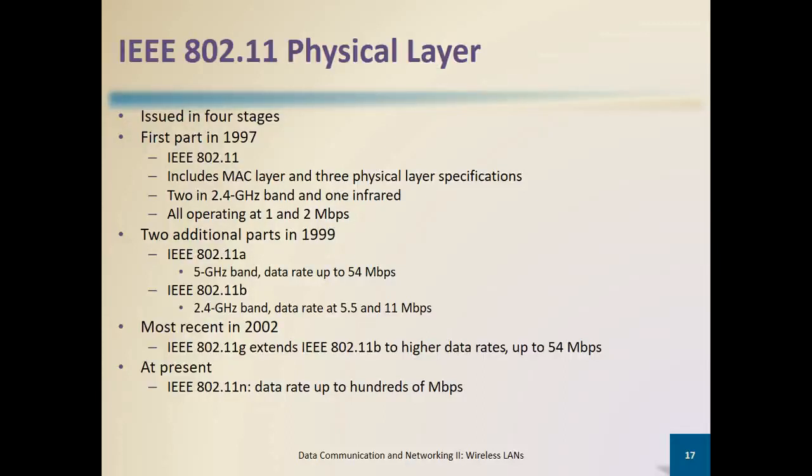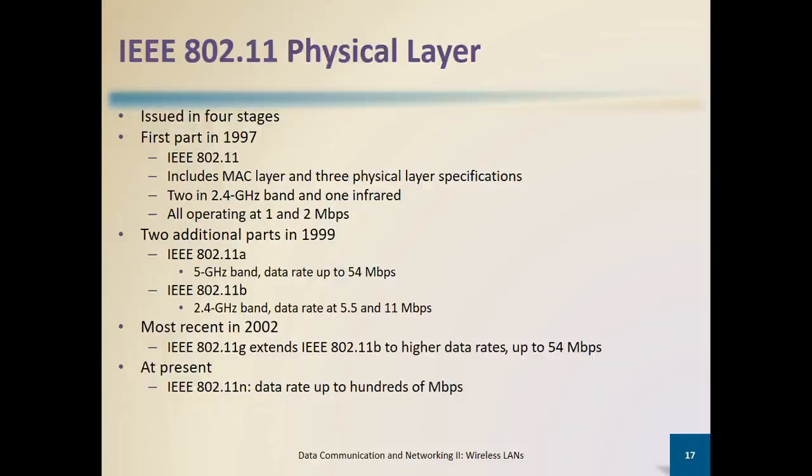So 2 additional parts were added, and that was A and B. If you remember, you had Wi-Fi A and B, and today we have G, which combines the A and B, and then N as well. They are basically just part of the 4 stages issued at the physical layer for most wireless LANs.